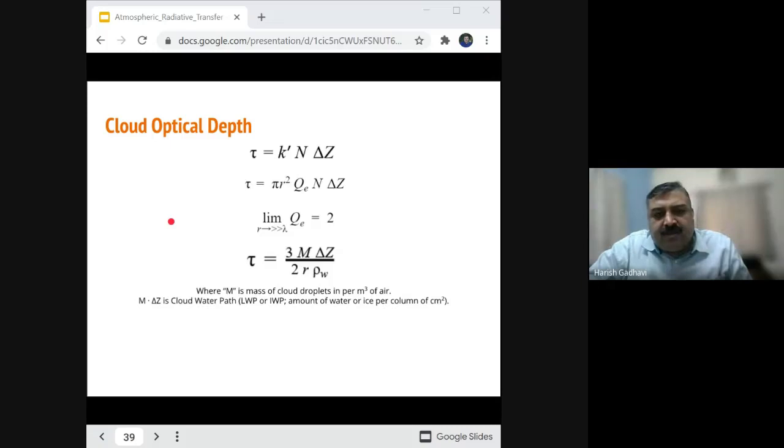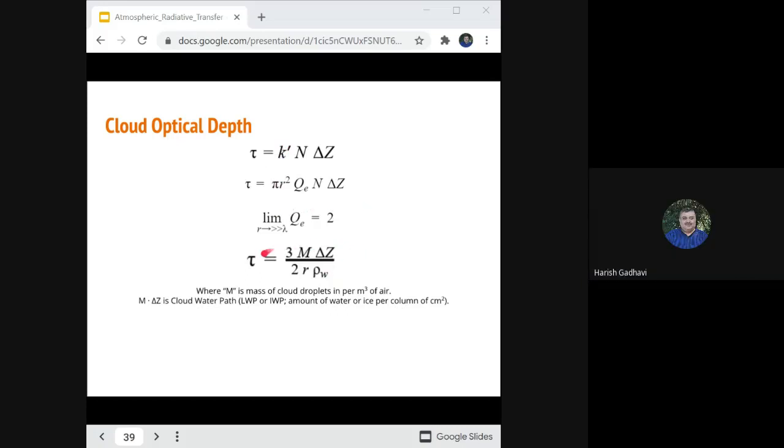So what I was trying to say is that I have an optical depth equation, which is this, as per definition, and I have transformed this equation in terms of the mass of the water in a given cloud over a distance delta z.